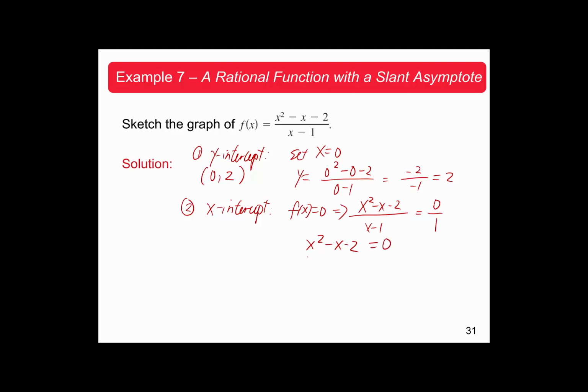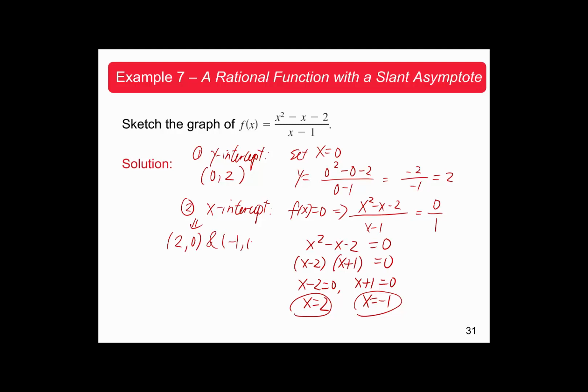Factor this, we get x minus 2, x plus 1. So you end up with two x-intercepts: x minus 2 equals 0, x plus 1 equals 0, so x equals 2, x equals negative 1. The first one is (2, 0) and another one is (-1, 0).